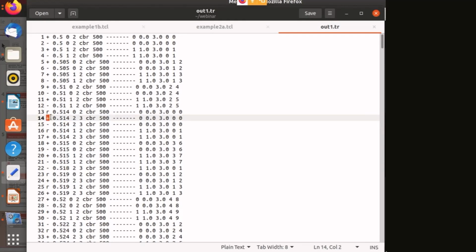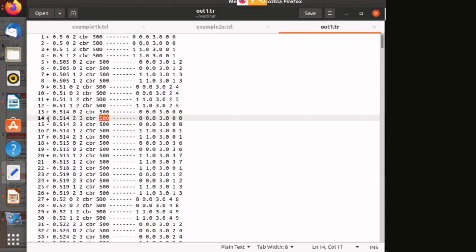Plus 0.51423 means packet ID 0 is getting enqueued at 0.514 time at node 2 to be transmitted to node 3. It means packet ID 0 has been received at node 2 and now it is getting enqueued in its queue to be transmitted to node 3. The data type is CBR and there are 500 bytes in the packet.